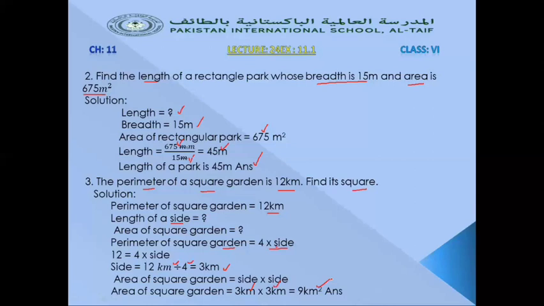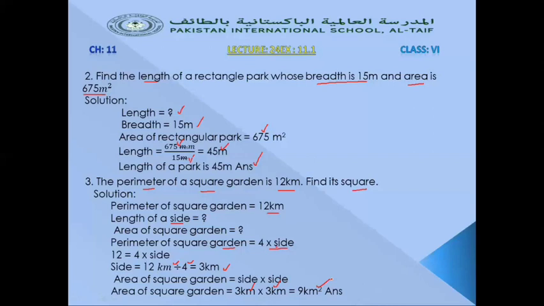First, find the length. We are given breadth and area, then we find the length by dividing area by breadth. Now third, the perimeter of the square garden is 12 kilometer. Find its area. The length of the side we can find from the perimeter formula, perimeter divided by 4, and side is equal to 3 kilometer.